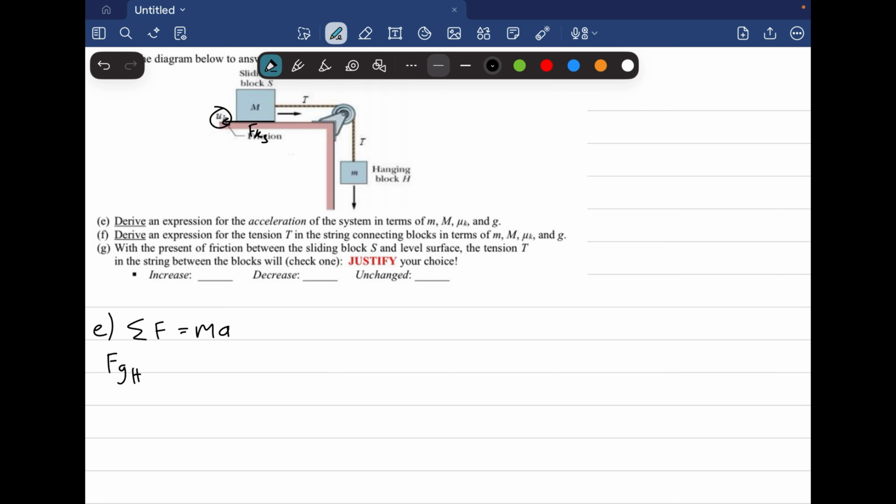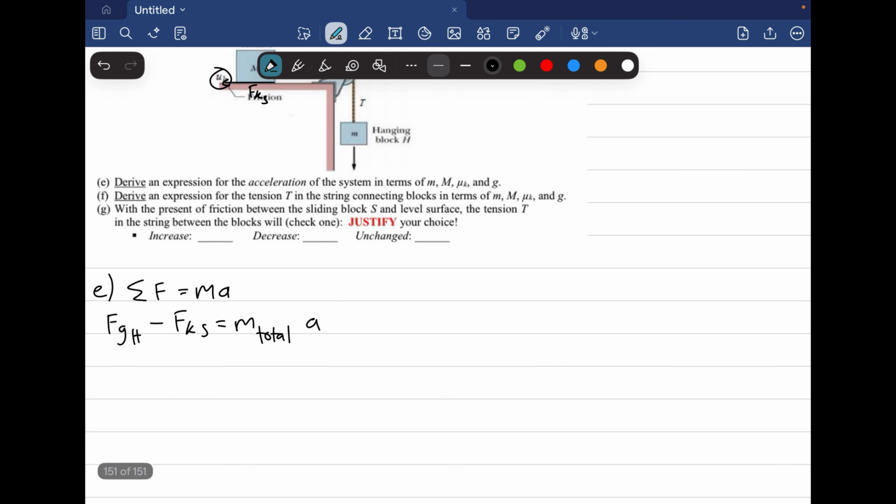Then T is just an internal force, so those two T cancel out. Then minus the Fk is equal to m total a. Okay, so now I expanded it.